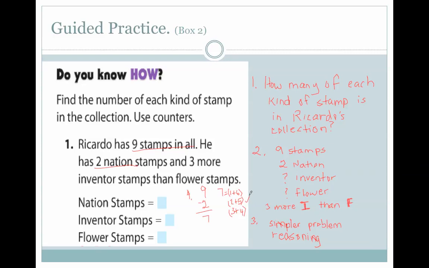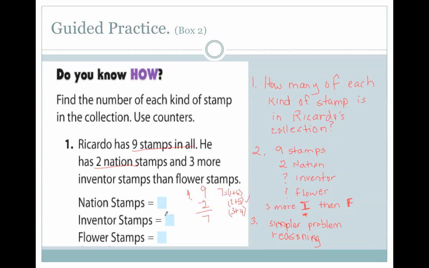That would be 2 plus 5, because if I count from 2 to 5, it's 3 more. So that means inventor is the greater number, because it's 3 more.